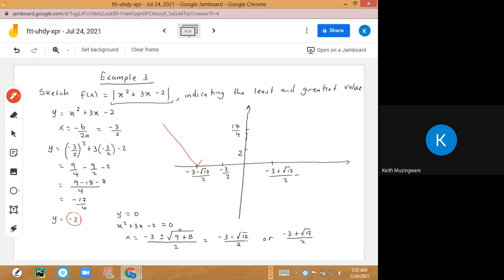So our turning point will be there. So the graph will go up from there, come down. So it has become an issue here to sketch because of the nature of the graph. So let's see. Okay, I'll write this.